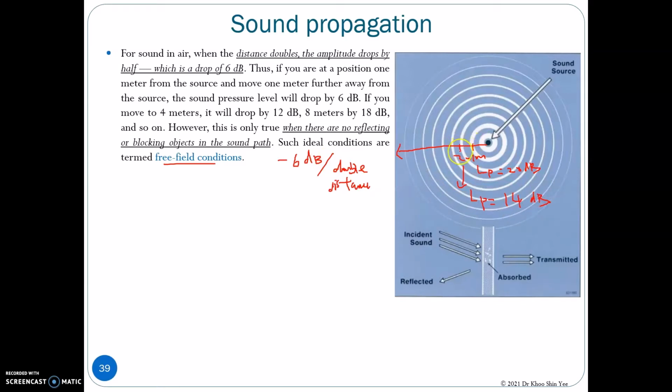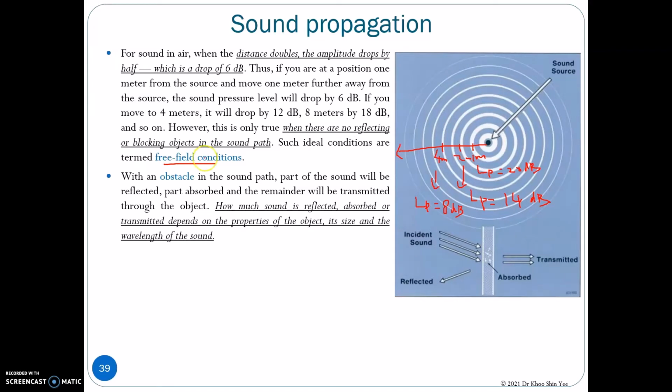Let's say you double the distance again into 4 meter, and you listen to the sound again. Then the new sound pressure level will be equal to 14 minus 6, which gives you 8 dB.